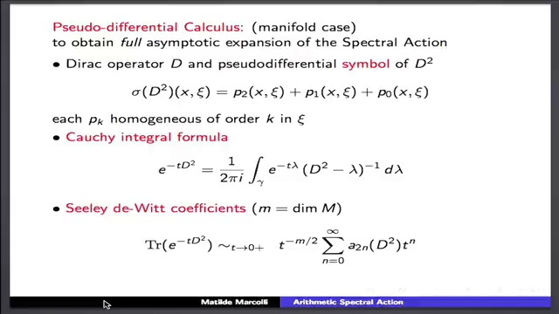And so you want to compute these coefficients in the heat kernel expansion. Now, if the manifold is of dimension n, you have a term that depends on the dimension, and then you have the corresponding terms. So you're after these local expressions that describe these coefficients.